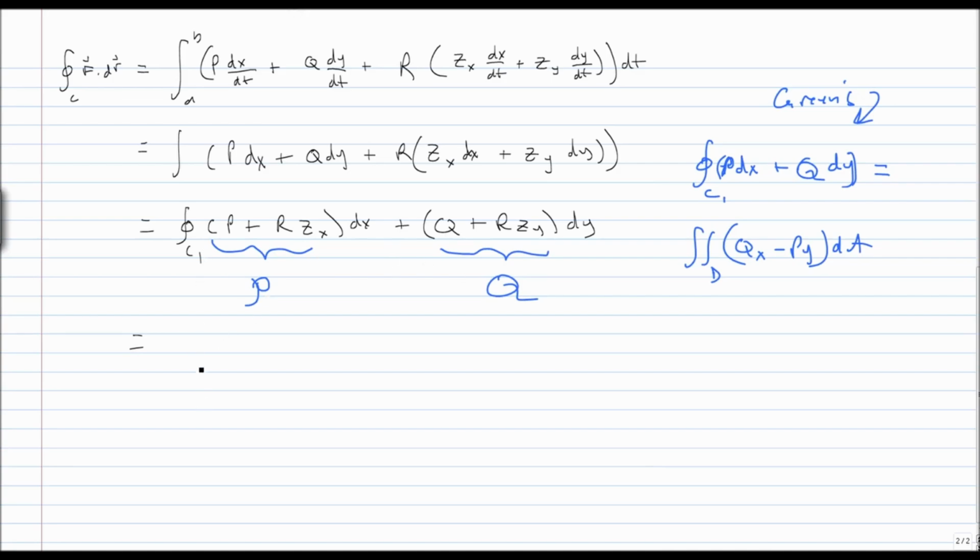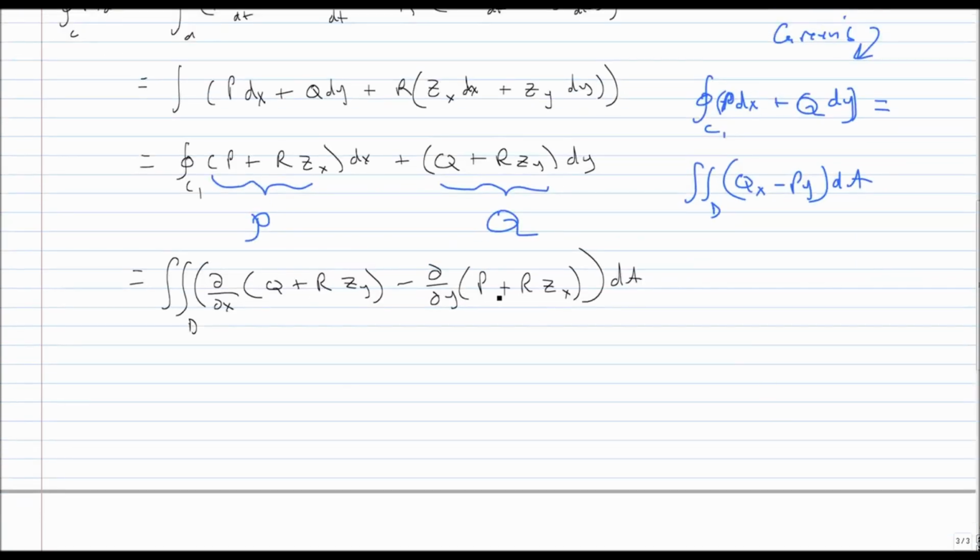So this is going to equal the double integral over D of, so we need the partial of Q, that's this guy right here, with respect to x. So instead of writing fancy Q, I'm going to put in Q plus R times z_y. And then we subtract from that the partial of this term right here with respect to y, integrated with respect to x and y, like that.